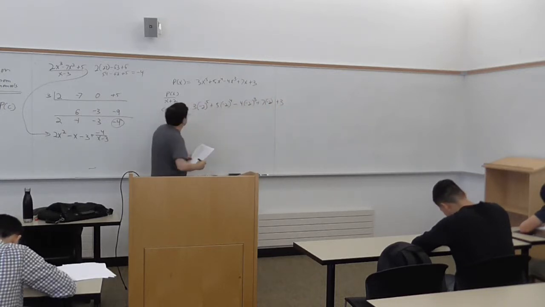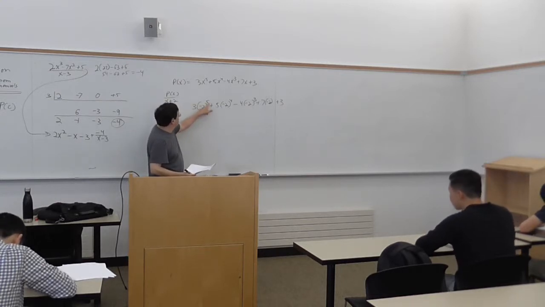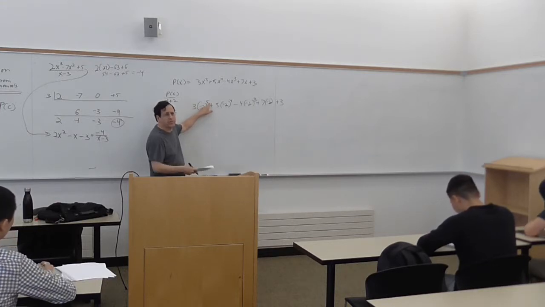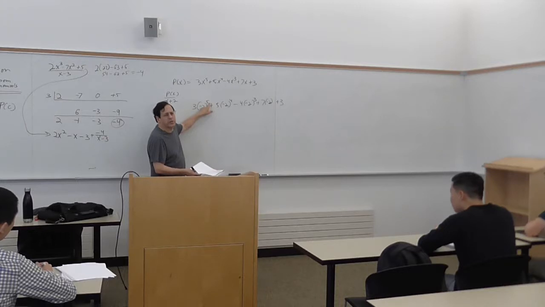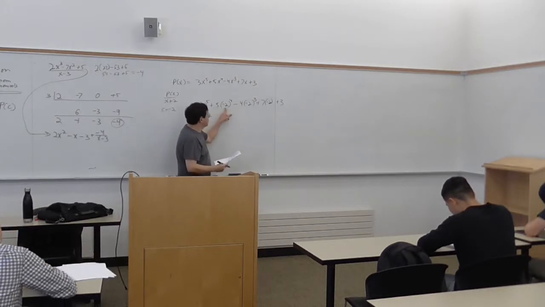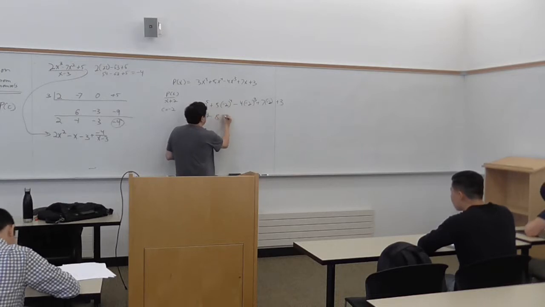Okay, now we have to do a little math. Negative 2 to the 5th, computer people, you should know this. Just look at it. Aha, that must be negative 32. So negative 96. Negative 2 to the 4th is 16 times 5 is 80.